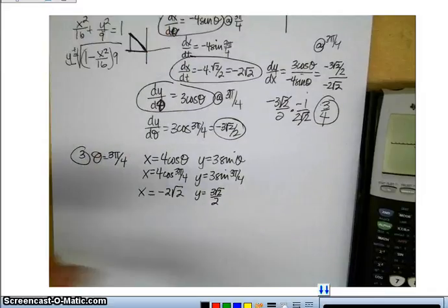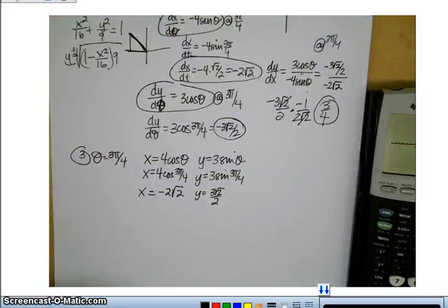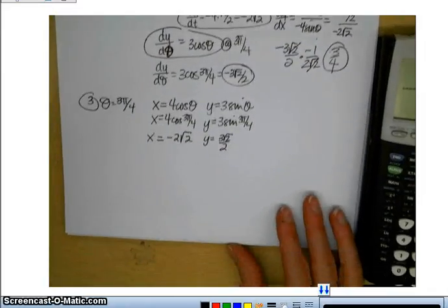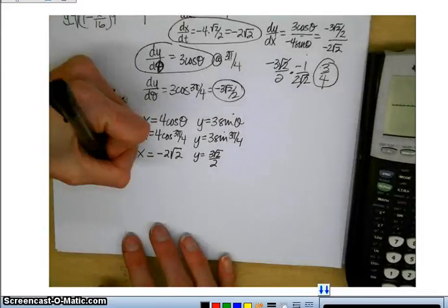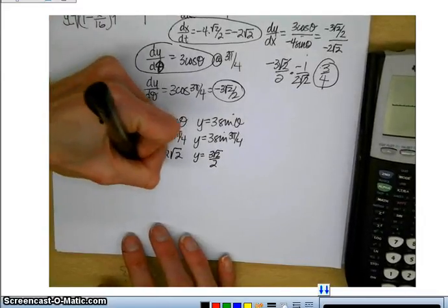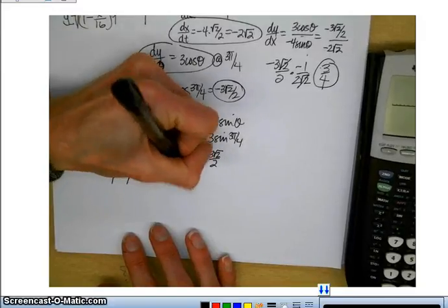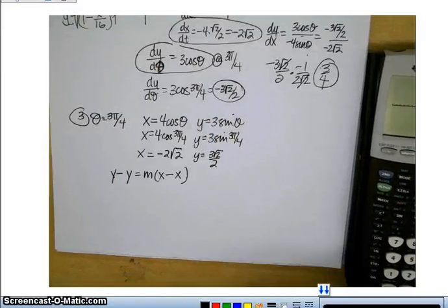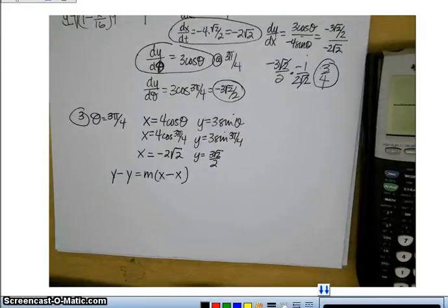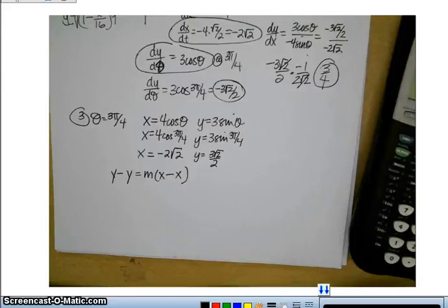Okay, so why did I need this for writing the equation of the tangent line? The equation of the tangent line is y minus y1 equals m times x minus x1. So if I'm going to write that equation of the tangent line, I need to know the slope.